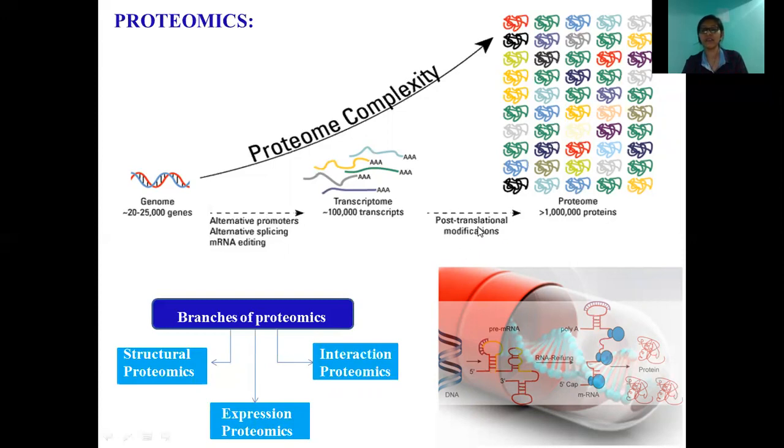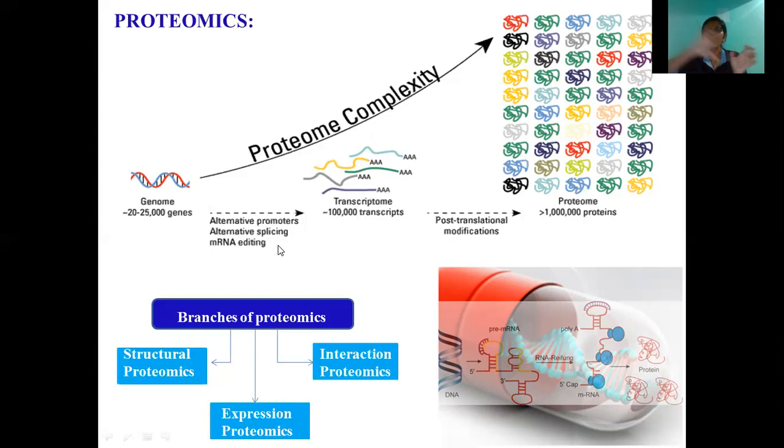Because of these modifications, suppose there are 5 transcripts, you may get 10 or 15 different types of protein. So because of these two important reasons, alternative splicing and post-translational modifications, from the total number of genes present in the individual you get a large number of proteins.